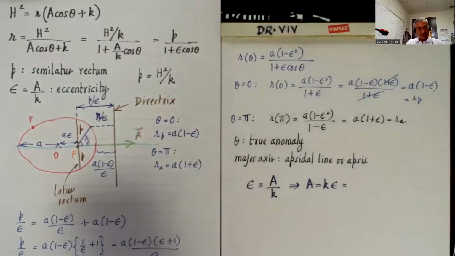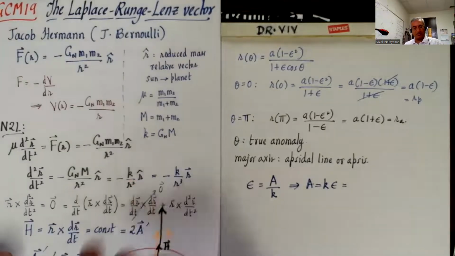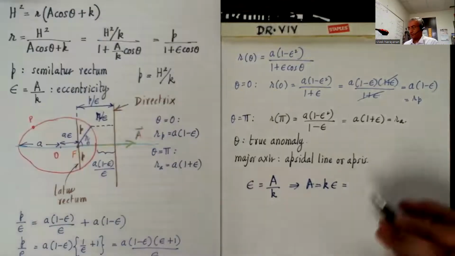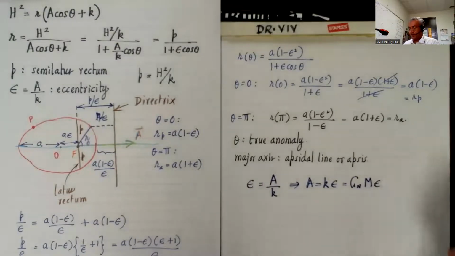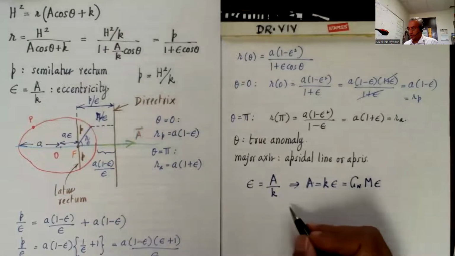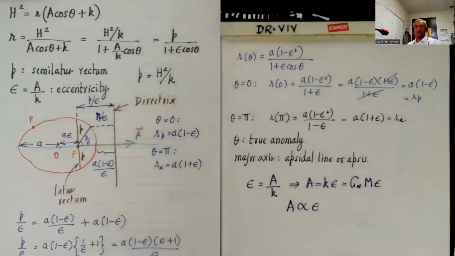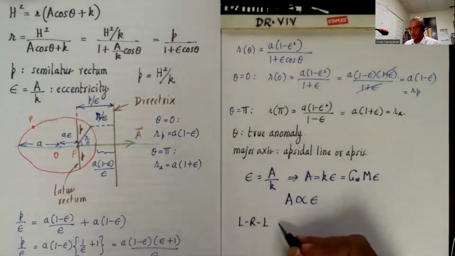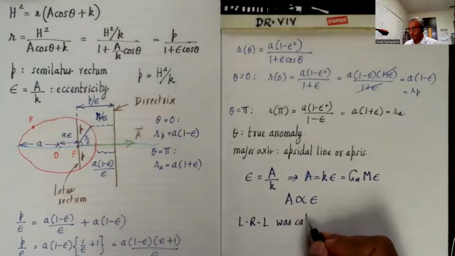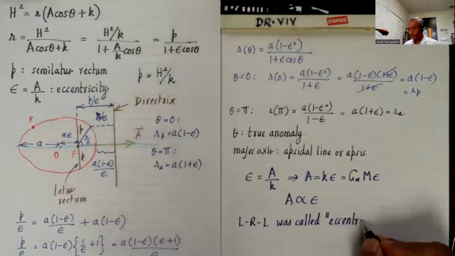And our understanding of K comes from the very beginning. It's G Newton times the total mass. So that's just G Newton times mass times epsilon. So the Runge-Lenz vector's magnitude is proportional to epsilon. So for a while, the Laplace-Runge-Lenz vector was called the eccentricity vector for this reason.